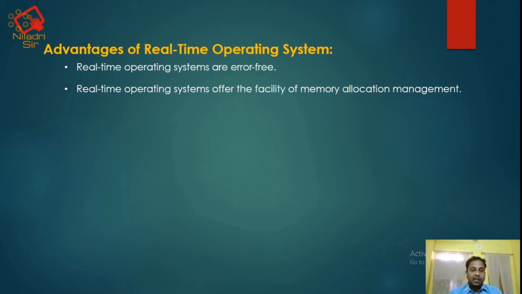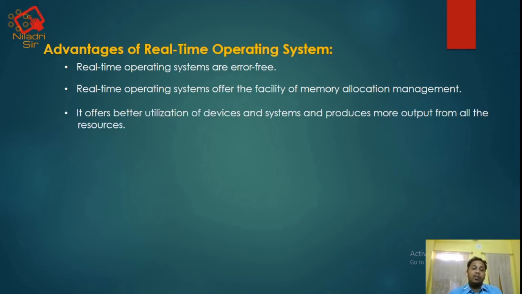The second one is that real-time operating systems offer the facility of memory allocation management, so memory allocation is done through the real-time operating system. The third offers better utilization of devices and systems and produces more output from all the resources.